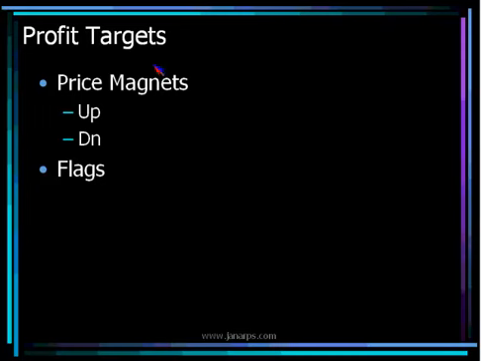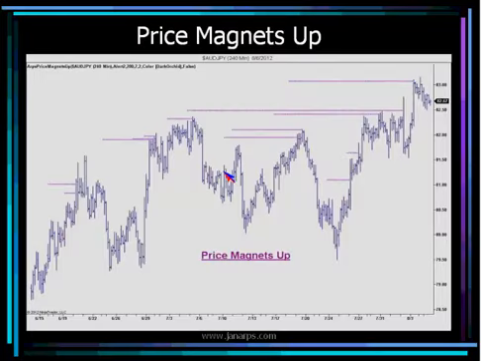And we have several tools that identify price targets, and the most important of those is the price magnets up and down. We also have some flags identifiers, and flags are a great tool for identifying profit targets because that are built into that technical analysis pattern.